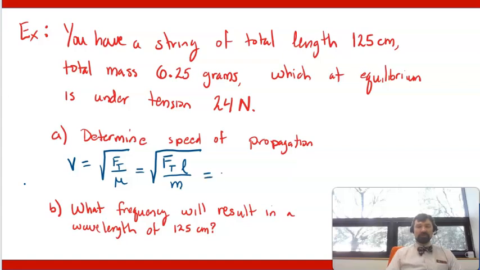Okay, so this ends up looking like the square root of, and then force of tension is 24 newtons is given, as is the length. This is 125 centimeters, but we need to convert it over to meters if we want to get a speed in meters per second.